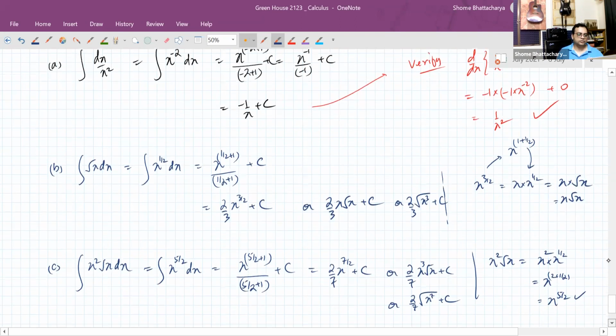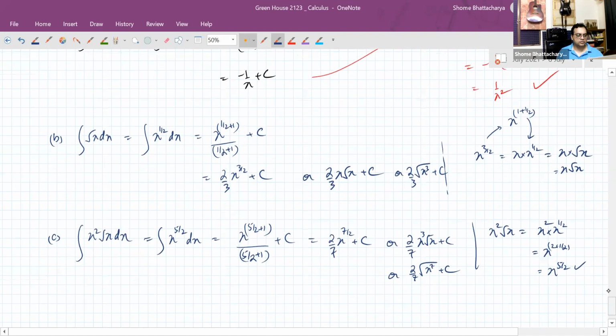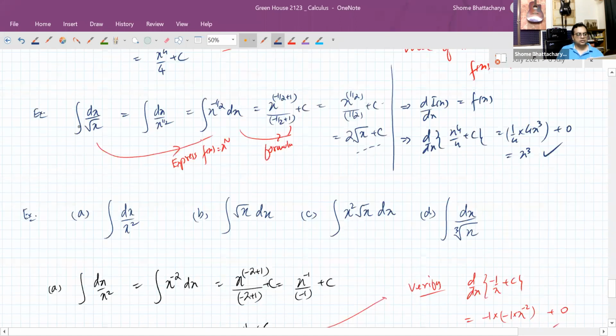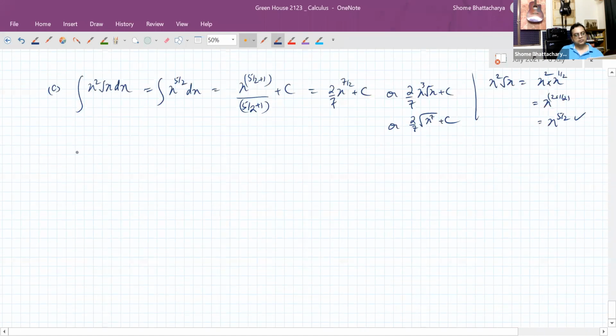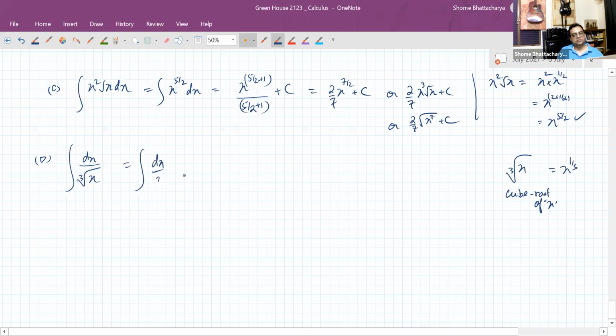Let's come to the final one. So dx upon cube root of x. As you know, this thing is called cube root x. So it's x to the power 1 by 3. So bring it to the numerator, x to the power minus 1 by 3.